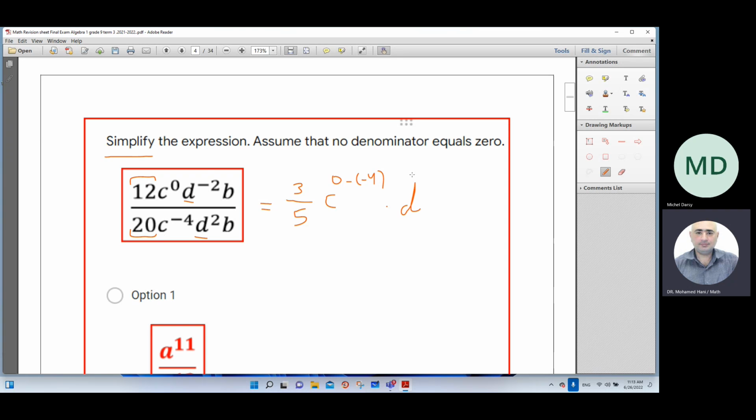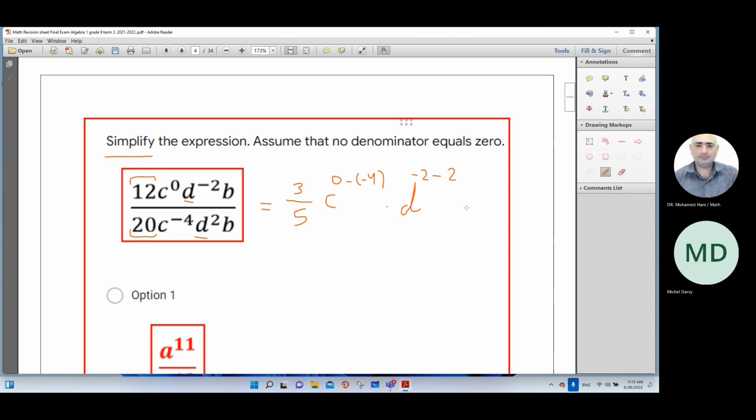As you see here, you have minus 2, minus, down here we have 2. Then down we have d. And we can write the exponent here 1 and here 1, so we can write b to the power 1 minus 1. So we can write here 3 over 5, rewrite here.